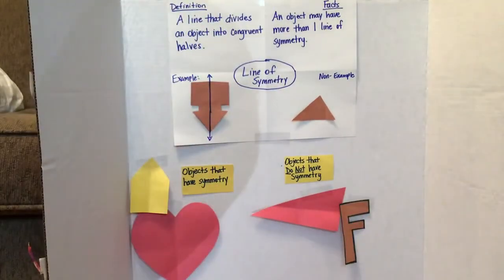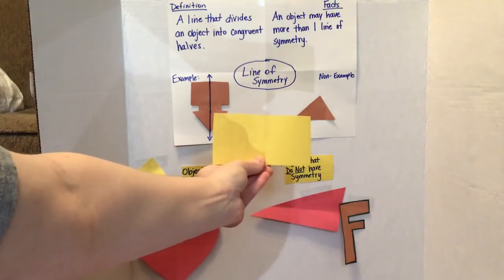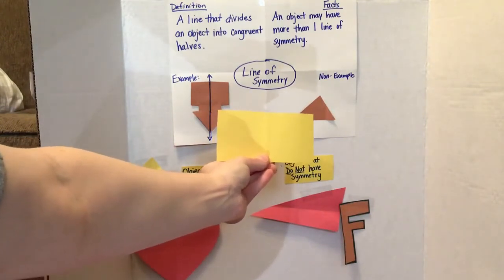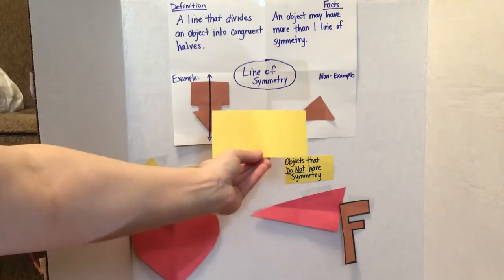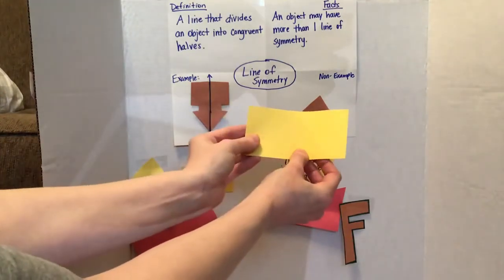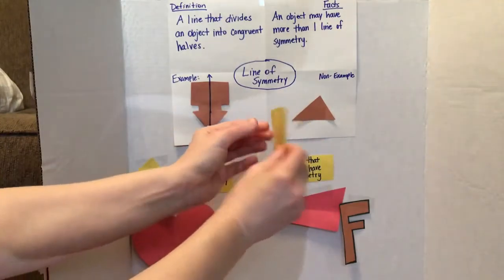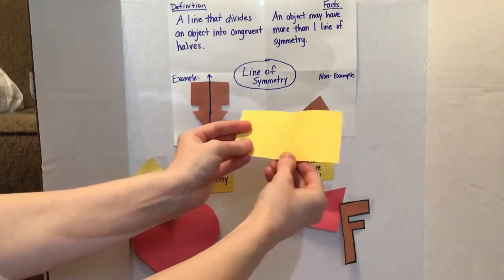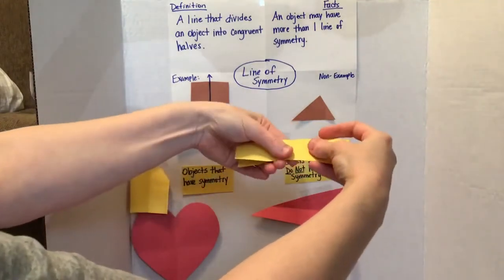All right, here's a good one. You know this shape, it's a rectangle. Now, what do you notice about the rectangle? Well, let's see if we can find any lines of symmetry. So we're going to fold it. Let's fold it vertically. I bet you already knew that was going to happen. So there's 1 line of symmetry. Can we fold it horizontally?